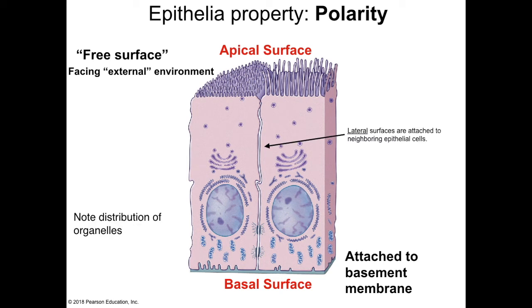The polarity will also refer to the distribution of organelles within the cell. That is, you'll often see the nuclei and mitochondria near the basal surface, whereas the transport vesicles and Golgi apparatus might be close to the apical surface, so those vesicles can be released into the external environment.